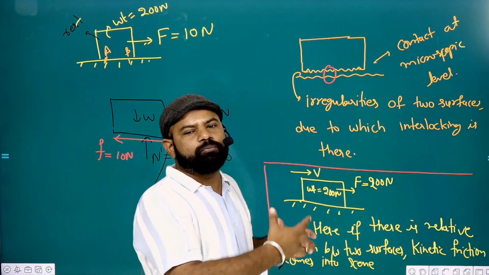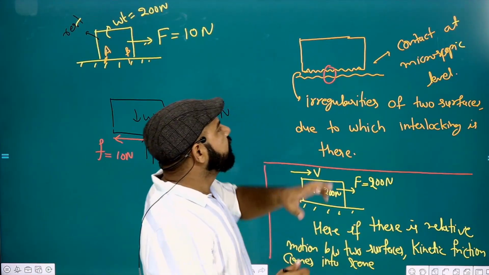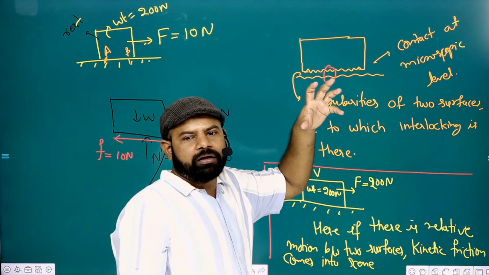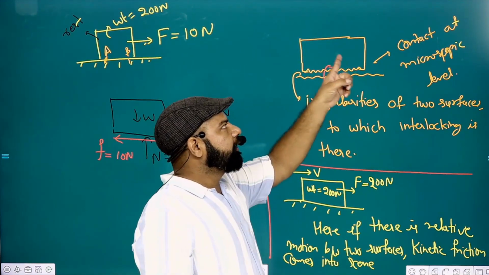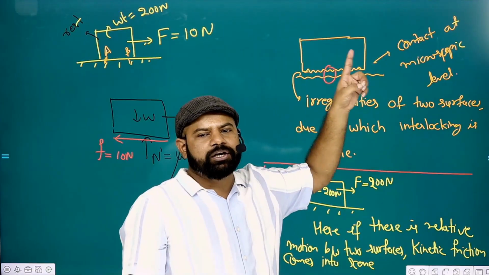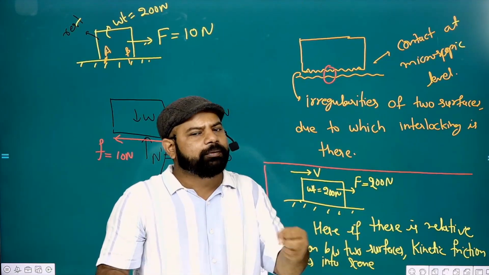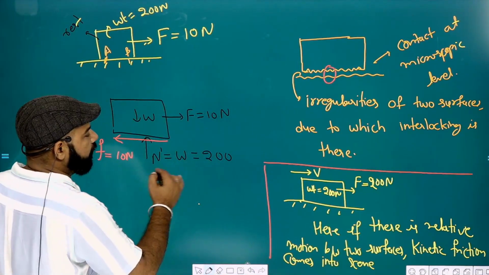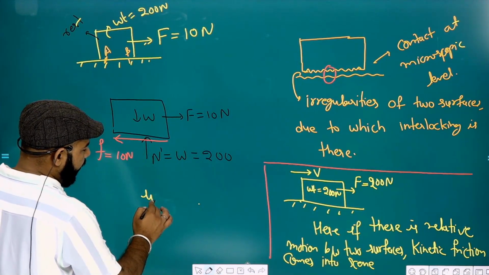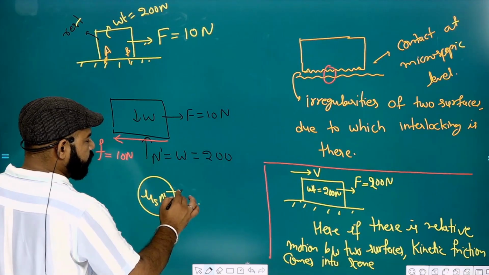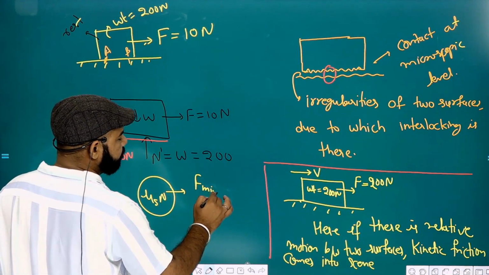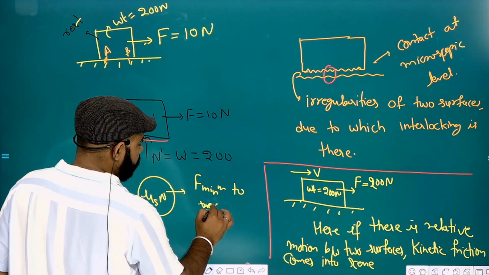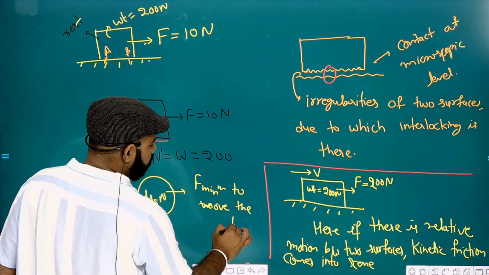But once the movement has started, this interlocking becomes quite weak, right? And the minimum force required just to keep that block moving with some constant velocity will be somewhat lesser than mu s into N. So what is mu s into N? F minimum to move the block, right?